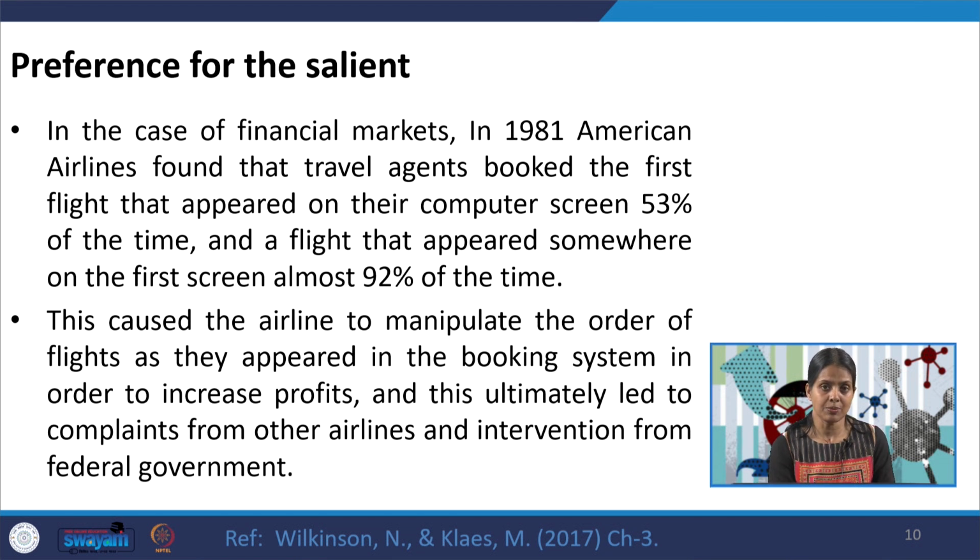So, that is because there has been manipulation, but they observed that the first flight that appeared on the computer screen was booked 53% of the time, and a flight that appeared somewhere on the first screen almost 92% of the time. So, this is crucial information.